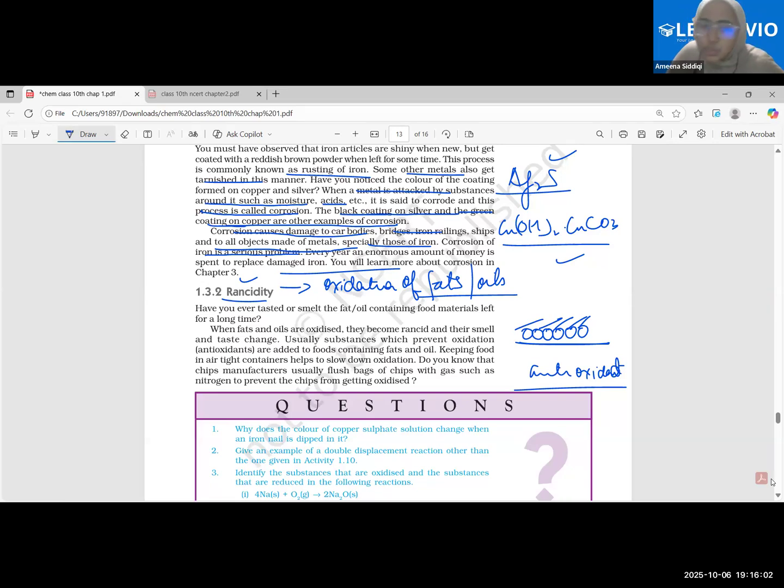Why are we specifically saying oxidation of fats and oils? Almost in each and everything that we eat, fats and oils are present, and that will undergo oxidation really quickly. That is why the first thing which is undergoing oxidation is fats and oils in a toxic manner.